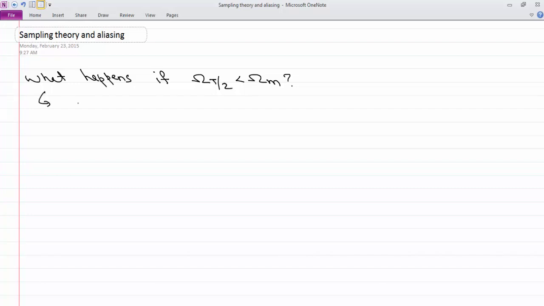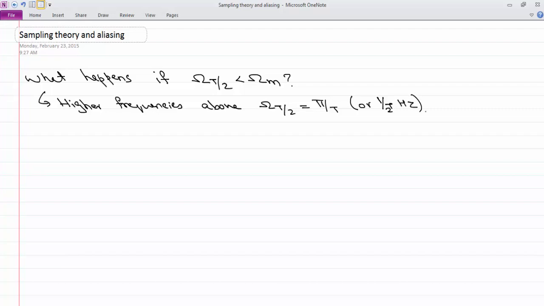And intuitively what happens is that higher frequencies that are above the threshold omega t by 2, which is pi by t radians per second, or one over 2t hertz, fold onto the lower frequencies.